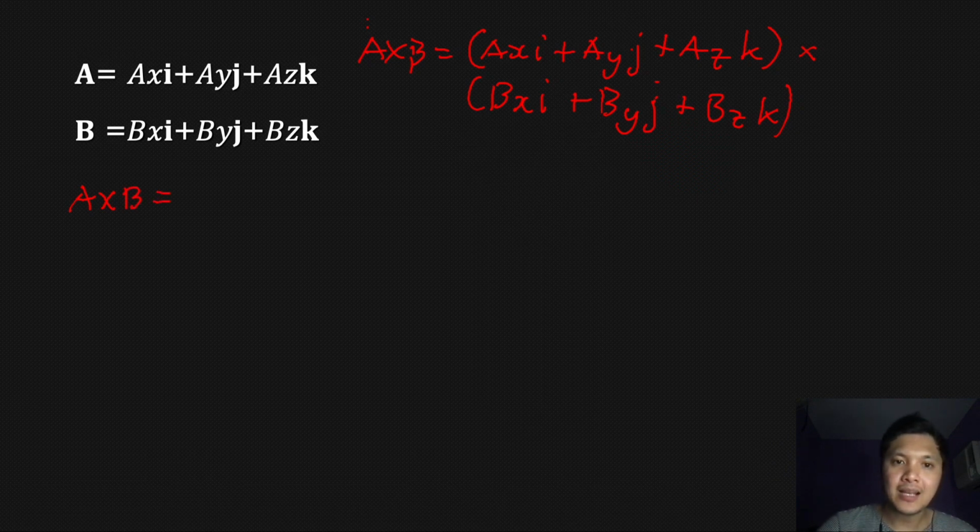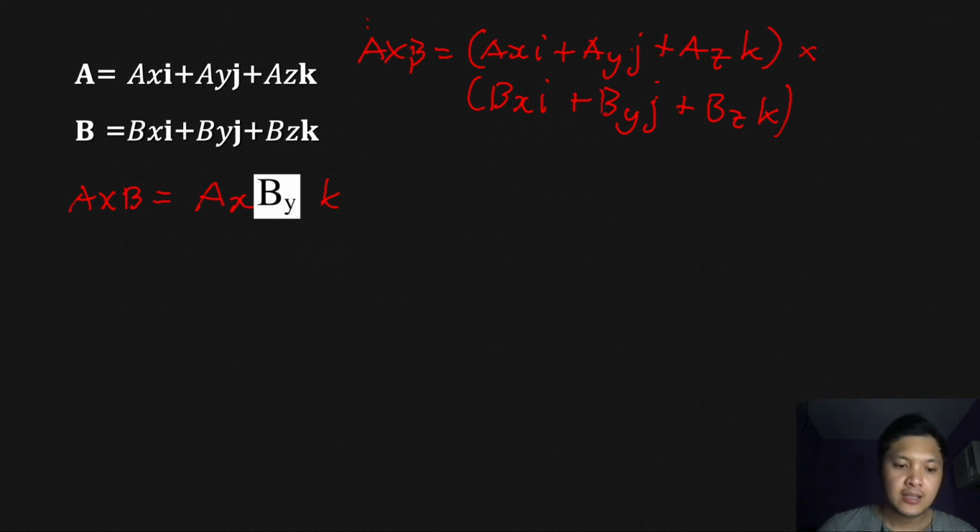AxI cross BxI should be 0 since I cross I is 0. Now AxI ByJ, so I cross J is K, right? That's why we have AxBx, and then that's K. Okay, now next is AxI and then BzK.